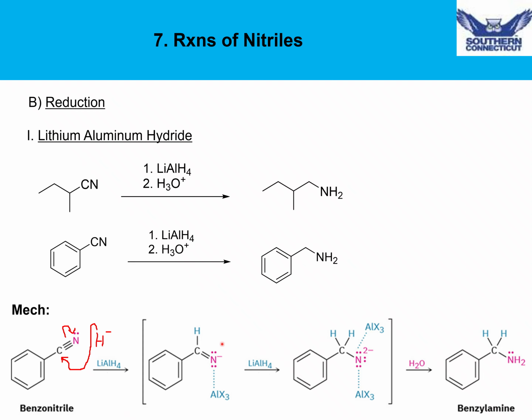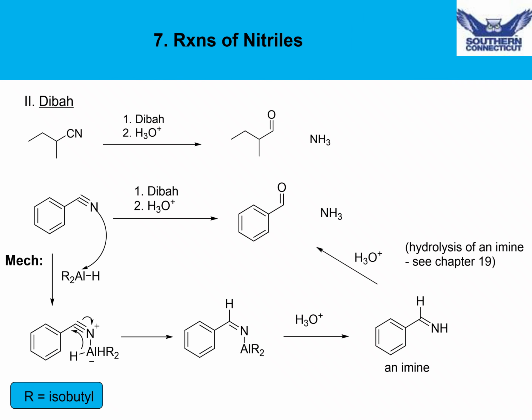This can be further reduced with another equivalent of lithium aluminum hydride to add another hydride to the carbon of what used to be the nitrile, and obtain this oddly looking intermediate with a -2 charge. This will sit around until we finish the reaction and add water or aqueous acid at the end of the reaction to give us the corresponding amine, which in this case is benzylamine.